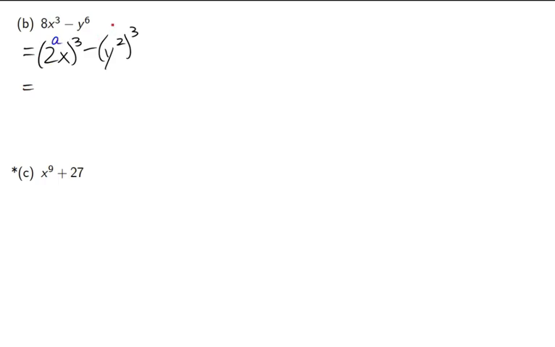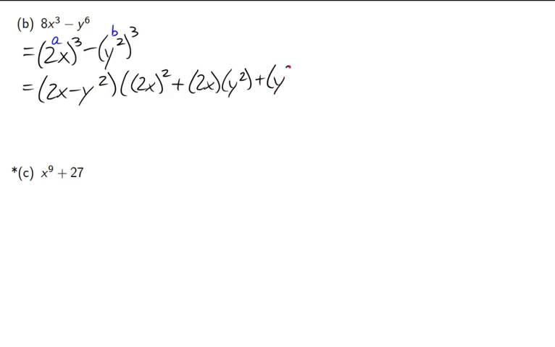If this is my a and this is my b, remember for the first factor, I keep the sign. And for the second factor, I do first term squared. This is the opposite sign here, so plus the product, 2x times y squared, plus the last term squared.